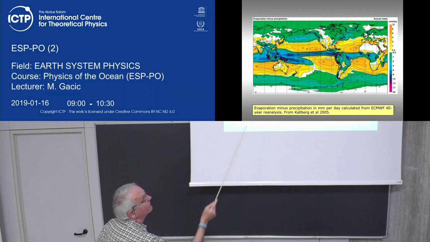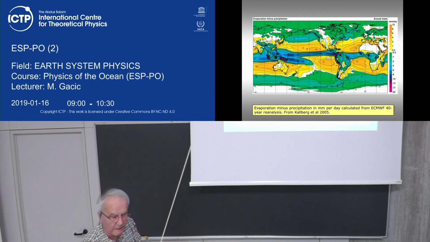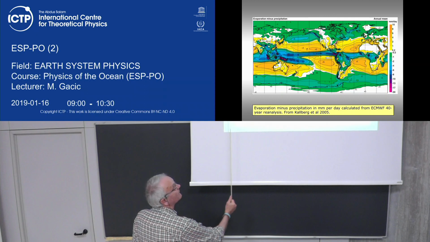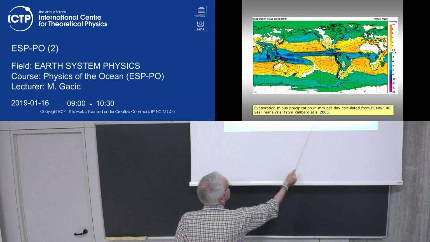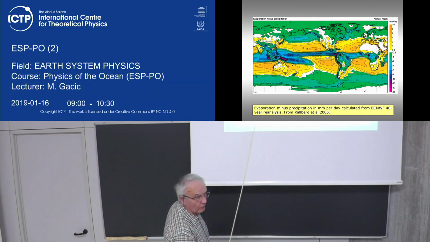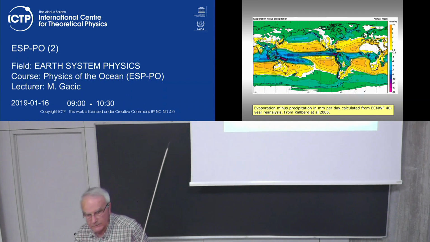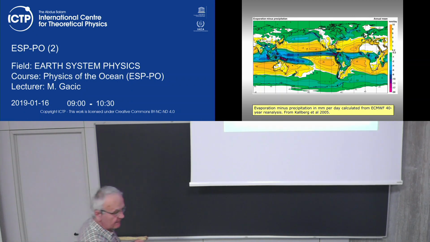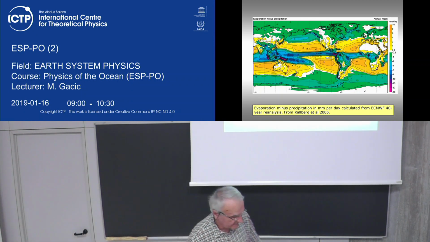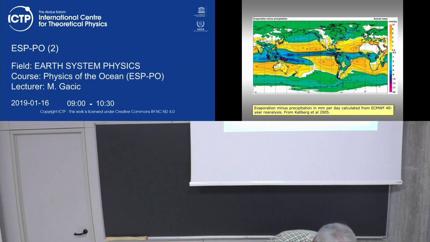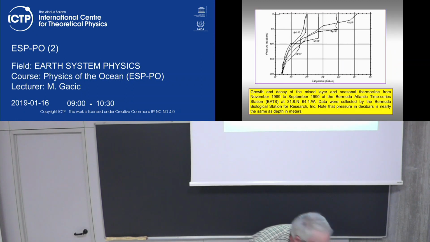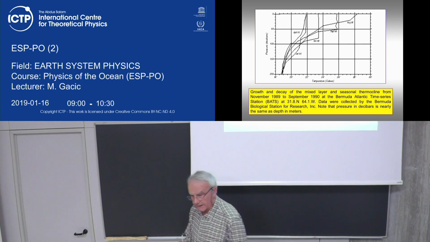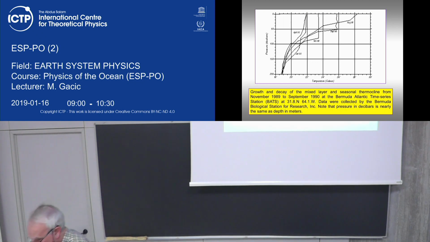If I have the graph of the horizontal distribution of salinity over the world ocean, I might be able to respond to this question. Remember, when we come to the horizontal distribution of salinity, then we can analyze why.